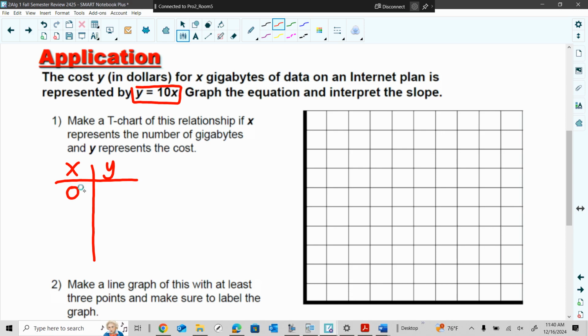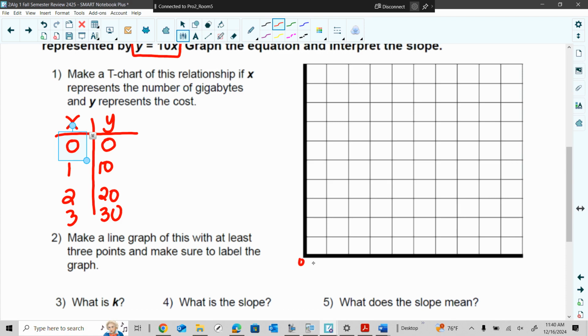So if I have no gigabytes, 0 cost, but if I have a 1, that's saying 1 times 10, 2 times 10. I think you see the pattern. Now to graph that, I can't do increments of 1, 2, 3, 4 here. I would need increments of 10, 20, 30, 40. So then I can show my proportional relationship like such.